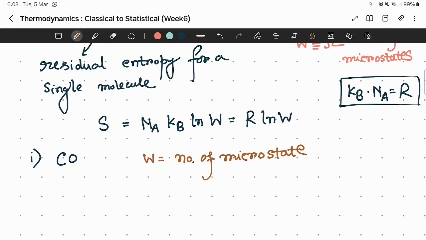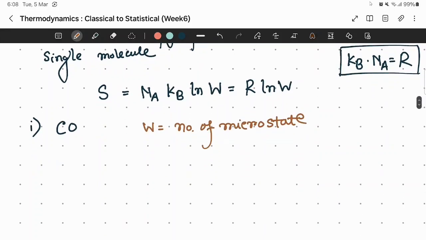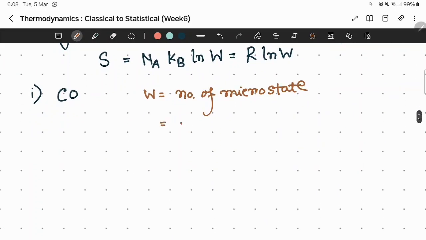For a pure crystalline solid there are no translational modes, no rotation, no electronic contribution, only vibration. So you have to consider only the spatial orientation, and that spatial orientation will dictate the microstates. So the number of microstates is essentially the number of spatial orientations.